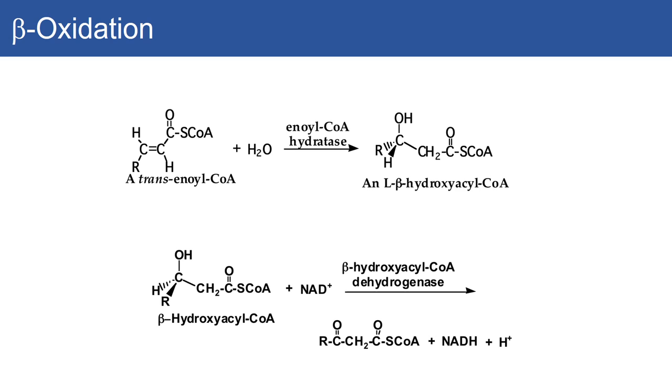That's done in 2 steps, an enoyl-CoA hydratase, where we add water, and then we end up with a hydroxyl group, and then we're going to do a beta-hydroxyacyl-CoA dehydrogenase, and that is going to convert that hydroxyl group into a carbon-oxygen double bond.